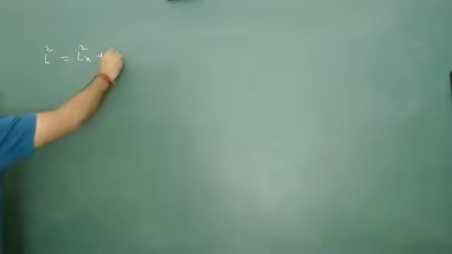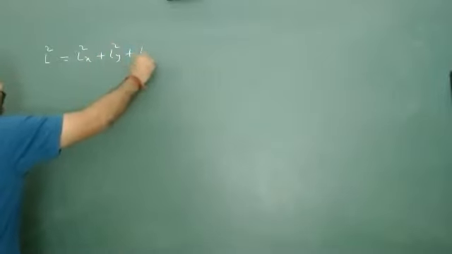We have L square as Lx square plus Ly square plus Lz square, and I just want to see what happens with L square and Lx. If we work out one, the rest will come out automatically.